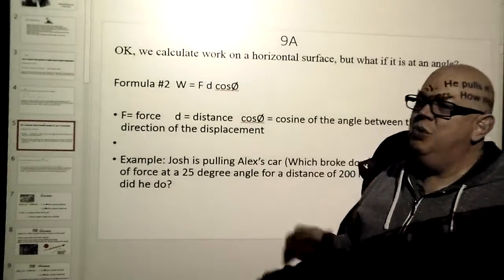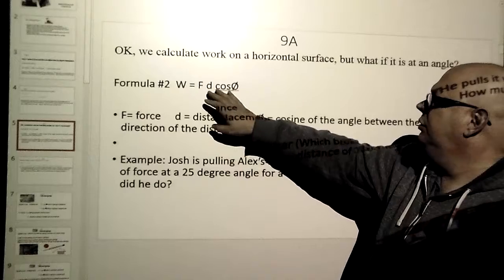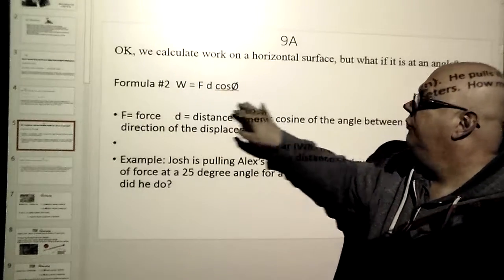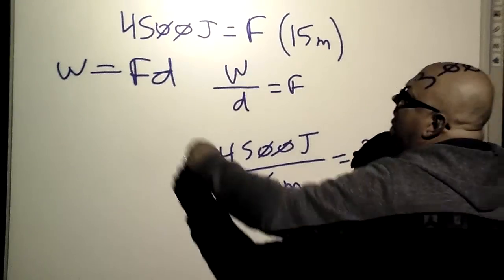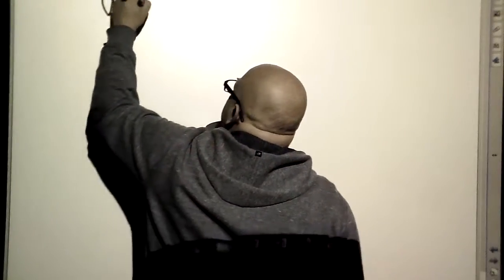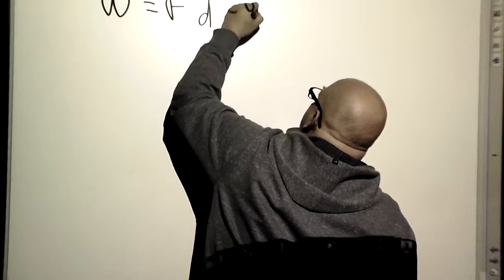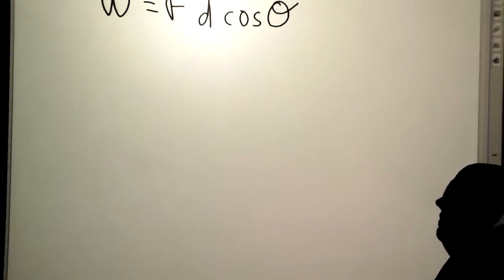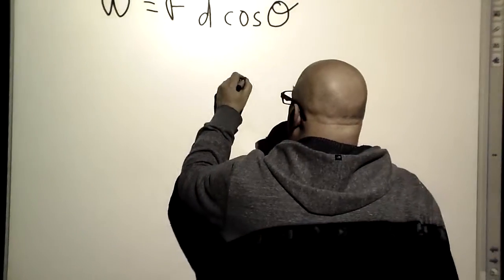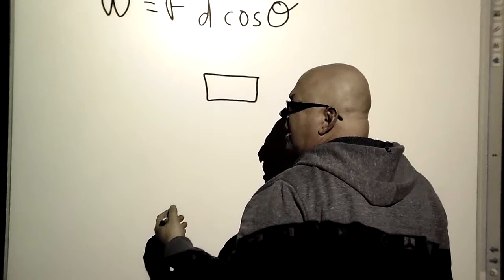Well, now, this is where we need a different formula. And the reason for that is looking at the formula here, work is equal to force times distance times cosine of theta. Well, let's look at it. If work is equal to force times the distance times the cosine of theta, how do we justify this? Well, if we're looking at, let's say we're pulling something.